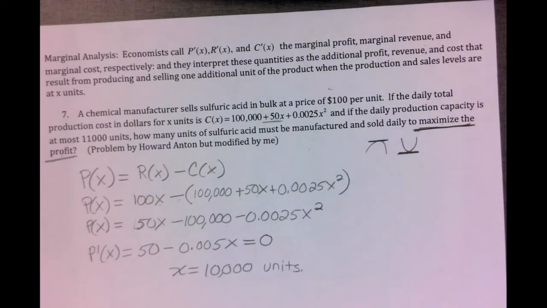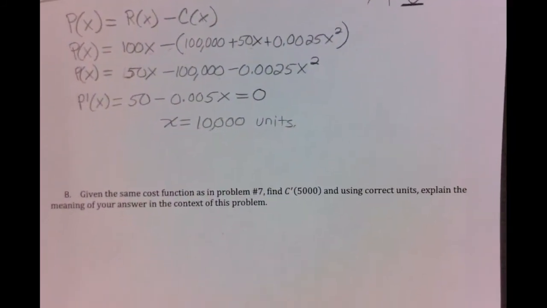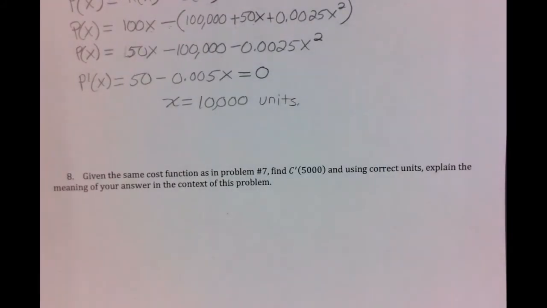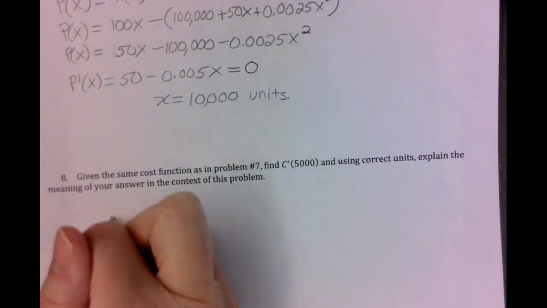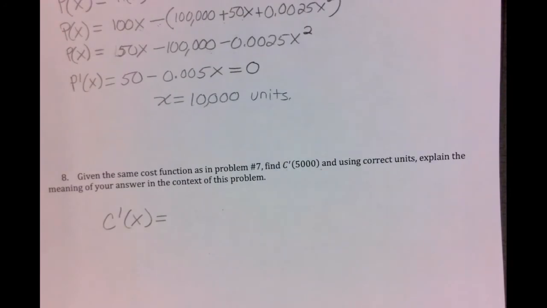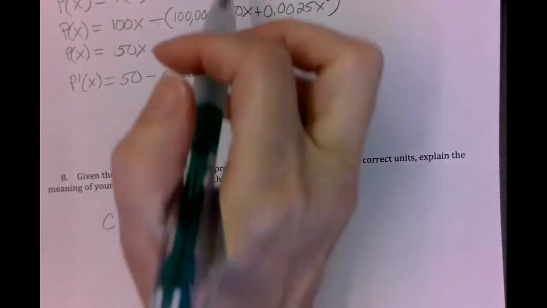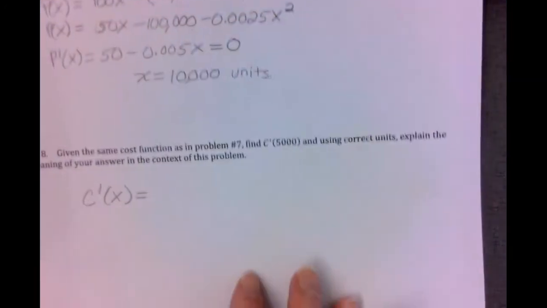Take a moment and pause and read 8. To find C prime at 5,000, I'm going to first do C prime of x. C prime, go to that cost function up here, up at the top, and it would be 50 plus 0.005x.